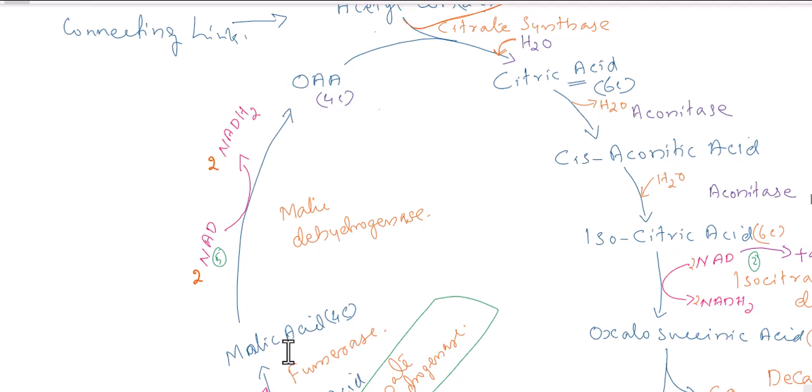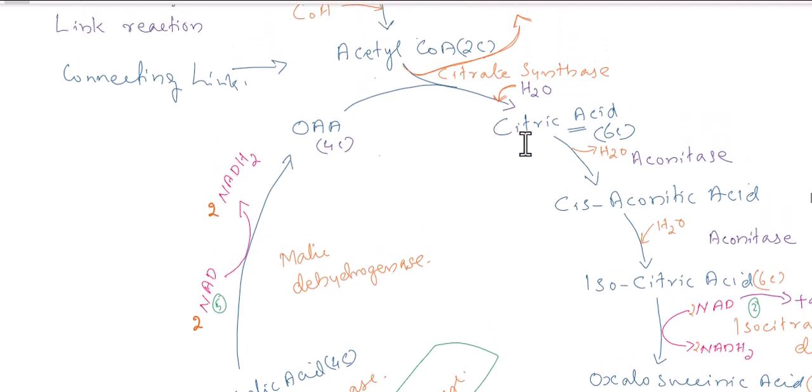Malic acid undergoes oxidation and produces oxaloacetic acid. Here again coenzyme NAD receives those electrons and is converted to NADH2. The enzyme is malic dehydrogenase.